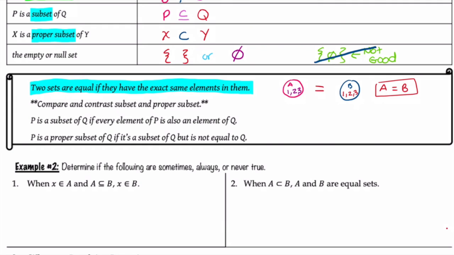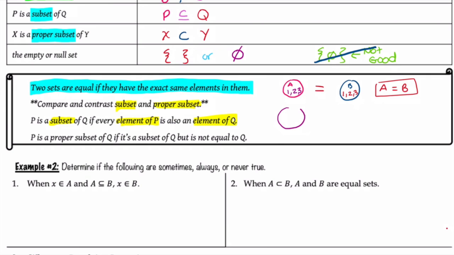Compare and contrast. What's the difference between subset and proper subset? P is a subset of Q if every element of P is also an element of Q. That's very similar to the first piece I have here, but I'm going to draw this out.